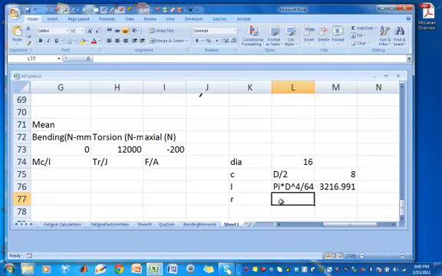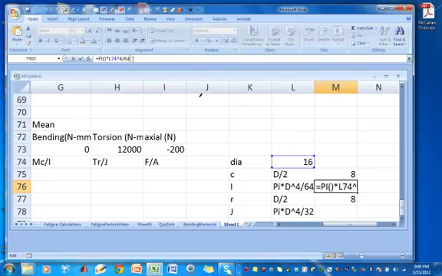R is d over 2, that's 8. J is equal to pi d fourth over 32. So this is I times 2.